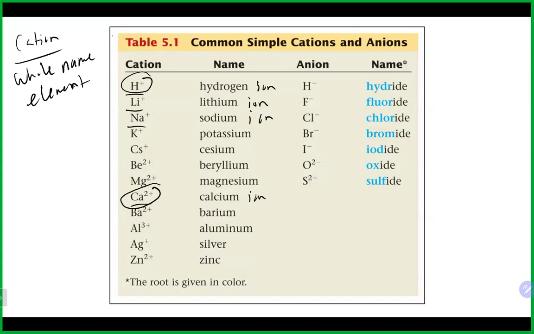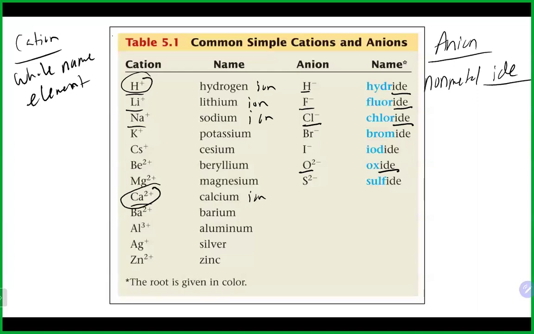Now, nonmetals and the anions are a little bit different. For the anions, we typically take the front part of the nonmetal name and leave it, drop the last part of the name, and put IDE at the end. So H- becomes hydride. F- goes from fluorine to fluoride, chlorine to chloride, oxygen to oxide, and so forth.